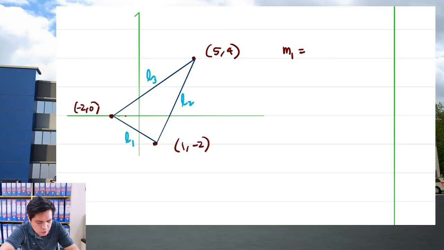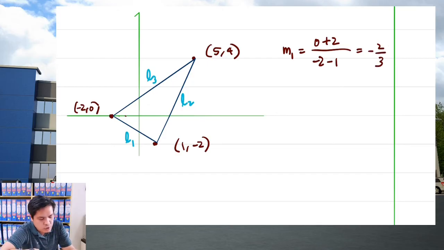Computing the slope of line 1, I'll just take a look at this. That would be 0 minus negative 2 over negative 2 minus 1. So, that's negative 2 over 3. Negative 2 thirds.